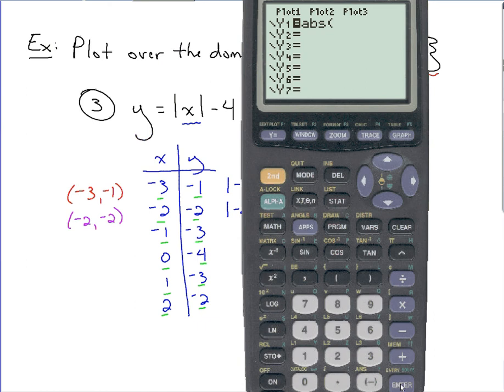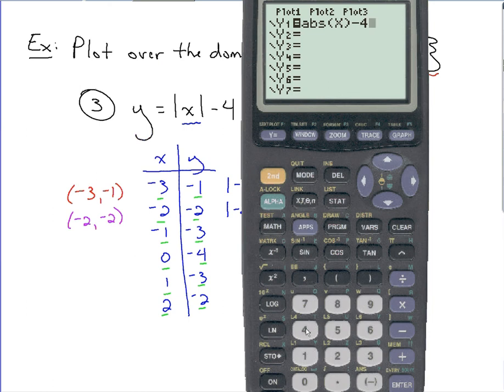It enters it in for me back here on the y equals screen. I'm taking the absolute value of x. So if I hit x and close the parentheses, on the 83 model, that's the absolute value of x. Now if you're using the 84, chances are you've got little absolute value bars sitting there, and you can just put x in between. That varies just a little bit, but it's the same idea. We're going to subtract 4. And now I have entered in my equation.